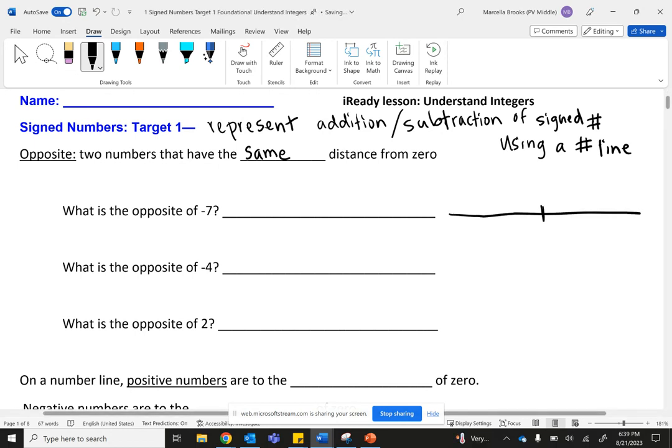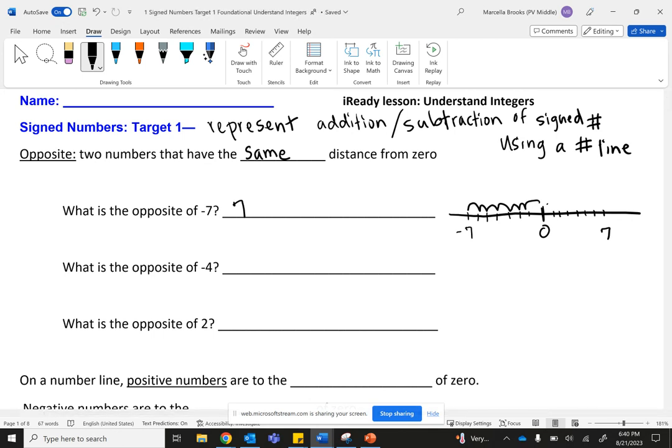So here is -7, and it is 7 spots away from 0. What else is also 7 spots away from 0? 1, 2, 3, 4, 5, 6, 7. That would be +7. So the opposite of -7 is +7.